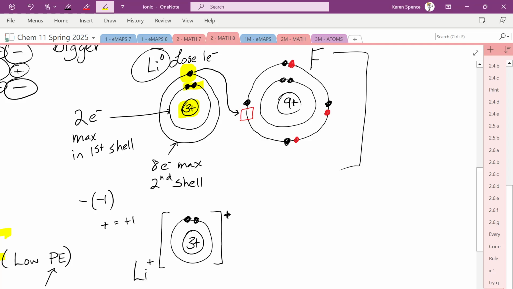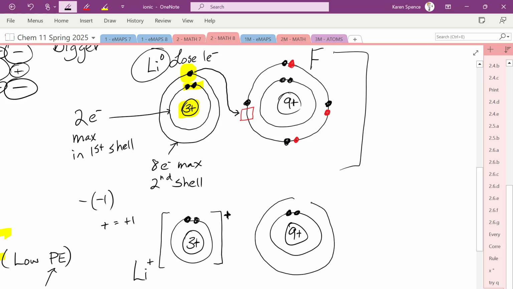That makes it neutral. Now, our fluorine, we still have 9 protons in the center. And we have 1, 2 electrons there. And we have 1, 2, 3, 4, 5, 6, 7. The only reason I'm not doing them in a circle is because I know this is now going to be full, right?